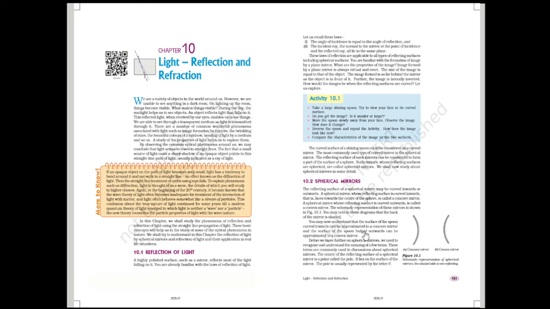These terms are commonly used in the discussion about a spherical mirror. The center of a reflecting surface of a spherical mirror is a point called the pole, and it lies on the surface of the mirror. The pole is usually represented by the letter P.